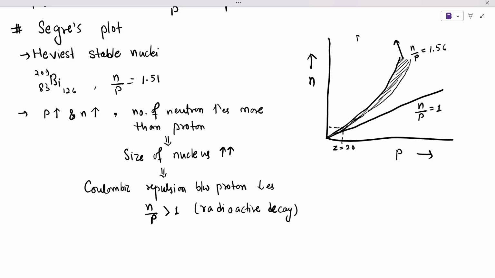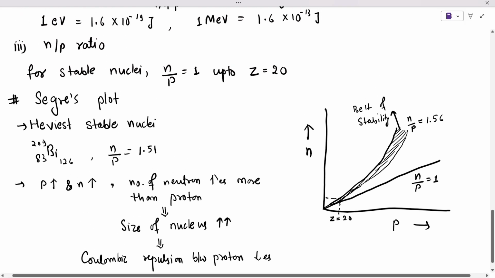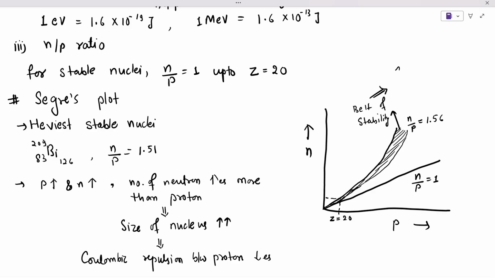This is called belt of stability. What is belt of stability? Belt of stability is a graph of stable elements on the basis of neutron by proton ratio.